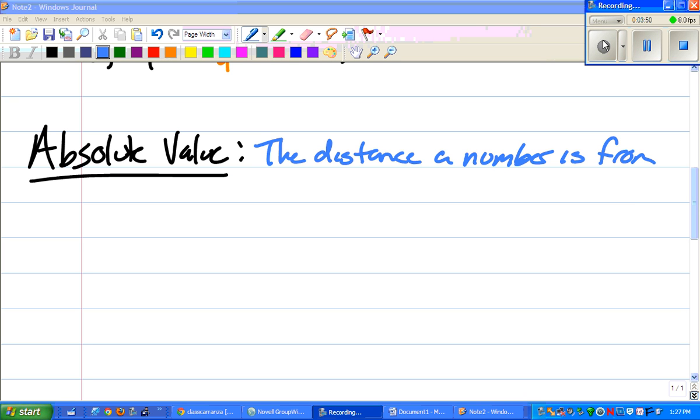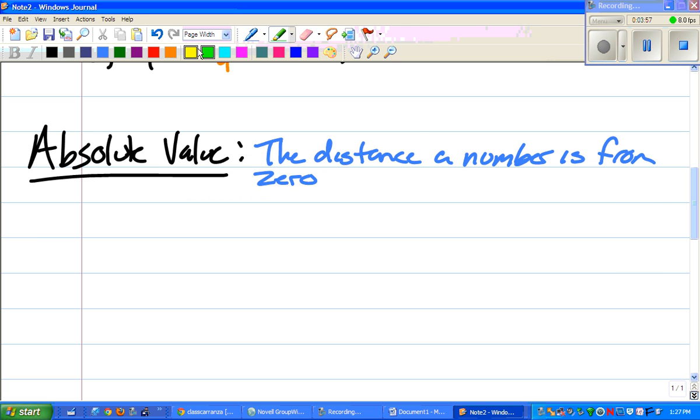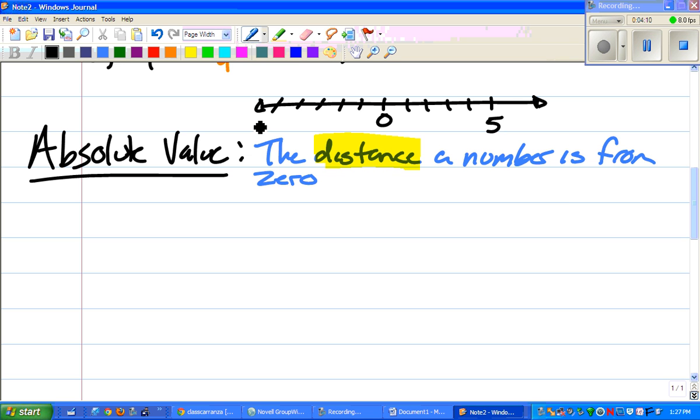But anyways, absolute value is the distance a number is from 0. Now, key thing right here is we are talking about distance. When you draw a number line, 1, 2, 3, 4, 5, 1, 2, 3, 4, 5. Now, the distance that -4 is, 1, 2, 3, it is 4 spots away.